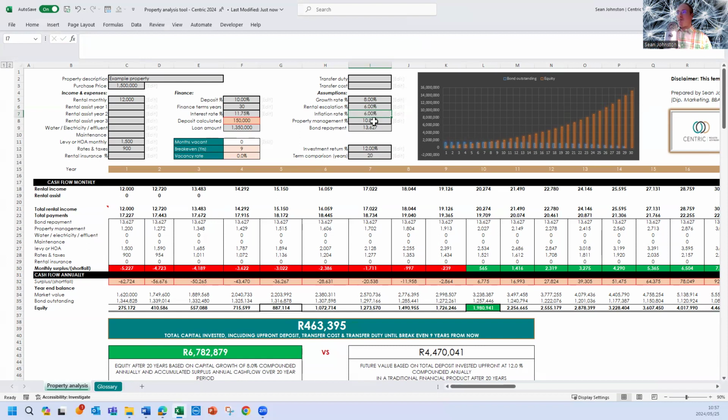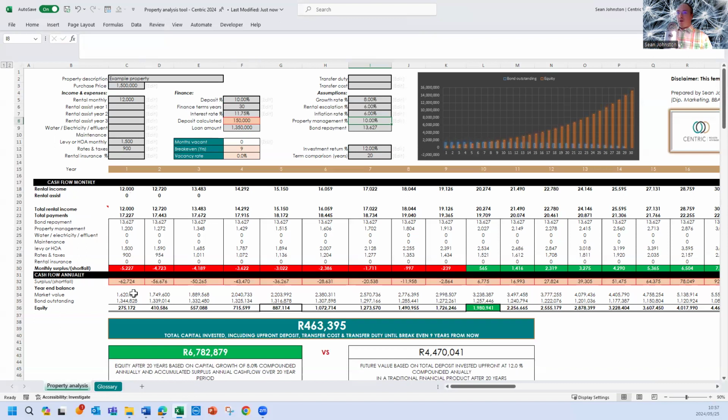Inflation 6%, rental management we're saying is 10%. It depends on which rental company you use, but some companies charge 10% plus VAT. I'm just going to use 10% for now because this is just an example.